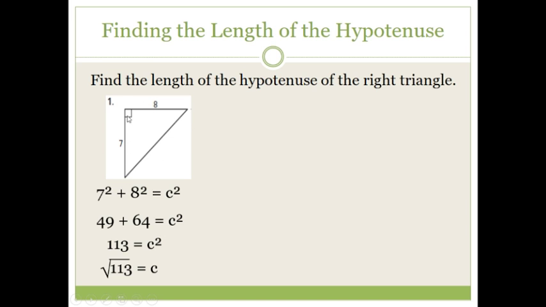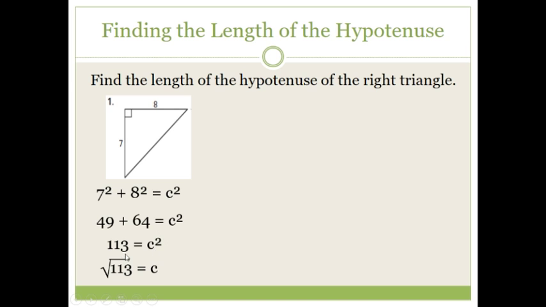If this side length is 7 and this side length is 8, does it make sense that this side length is 113? That would be way too big. Now, since it is the hypotenuse, it is the largest side, so I know it's got to be bigger than 8, but 113 is unreasonable.